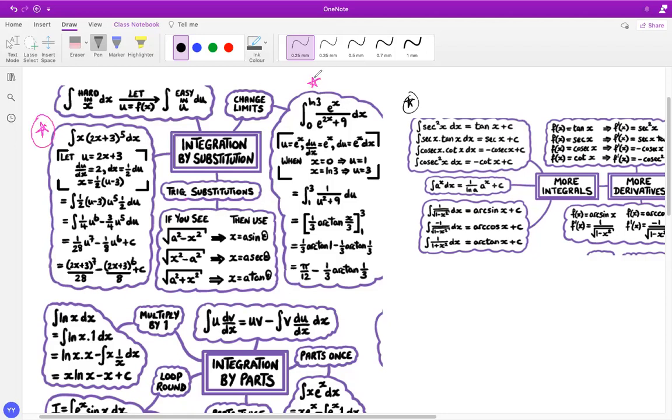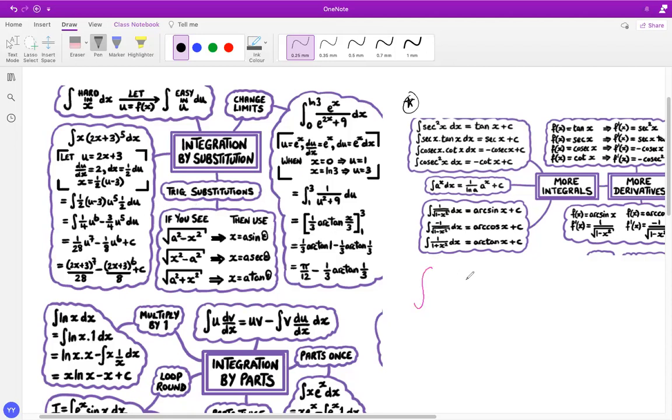This has been explicitly given in the IB mind map, because you should know how to change the limits. That's the skill they're talking about. So let's take an example on integration by substitution here.